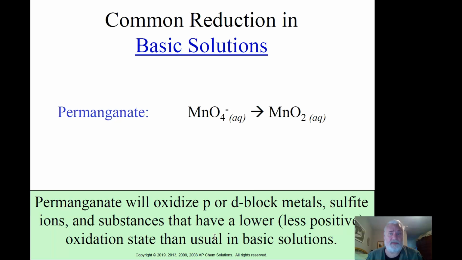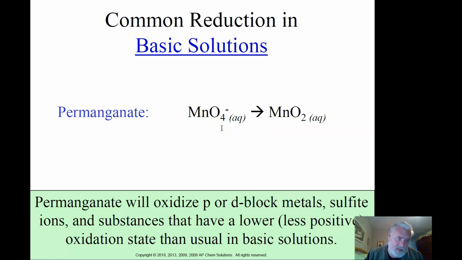The problems start out pretty much the same. There are a few changes. For instance, if you're using permanganate, it does not turn into Mn+2, but it'll actually convert over to MnO2. So it goes from a +7 to a +4.